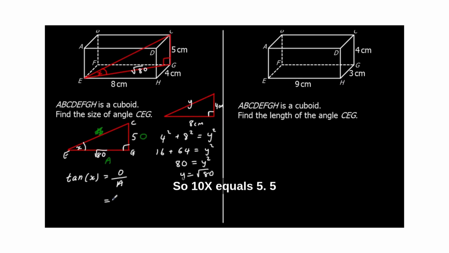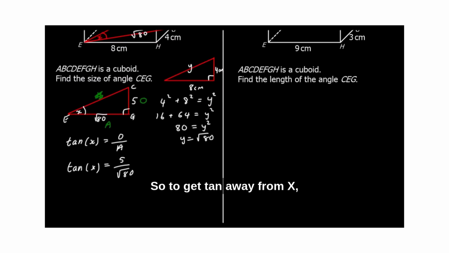So tan x equals 5 over root 80. We want to find the angle. So to get tan away from x, we do the opposite of tan, which is arctan or shift tan.